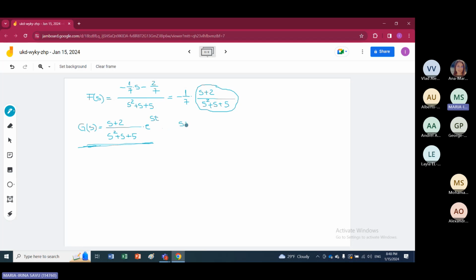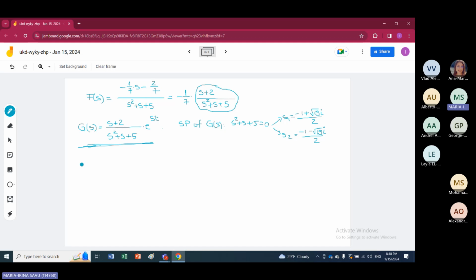When you find the singular points of g of s, you solve this equation. And you have s1 is minus 1 plus square root of 19 times i over 2, and s2 is minus 1 minus square root of 19 times i over 2.